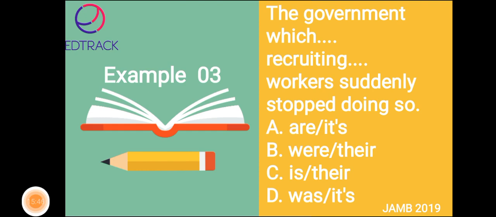The government which was bequeathing its. There isn't going to be an apostrophe here, please. That was a mistake. There is no apostrophe. It will just be its. Let me correct that, please. So, like I said, option D is our answer. Let us proceed.